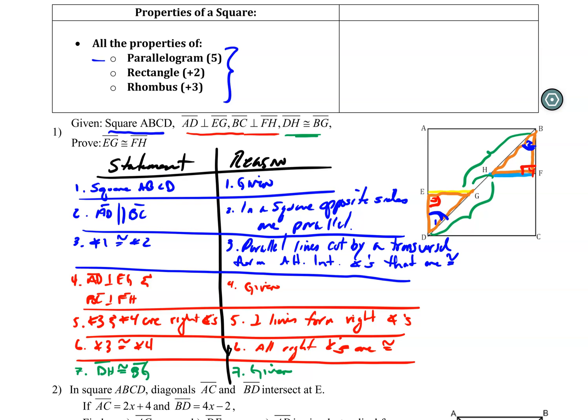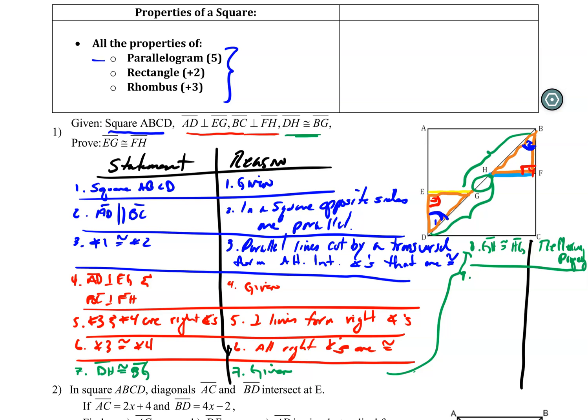So the fact that they both share that GH portion, and we're just going to move this on over here to make a little bit more space, I can then say that GH is congruent to itself because of the reflexive property. And now I can use the subtraction postulate to remove the GH part and only have the sides of the triangle BH and DG.